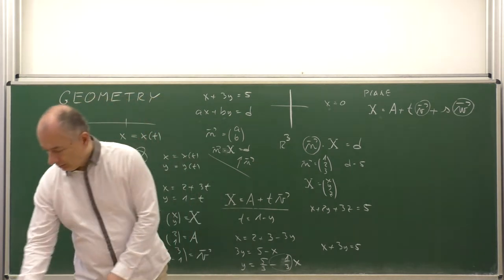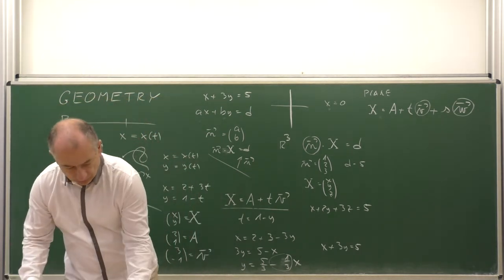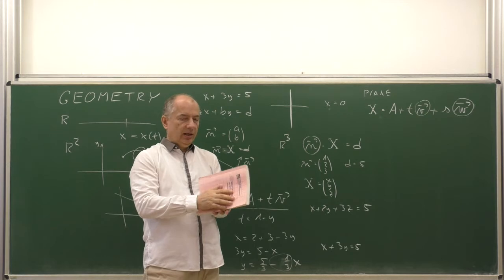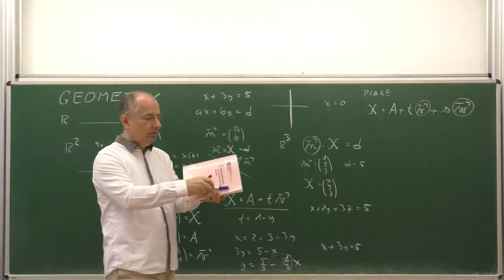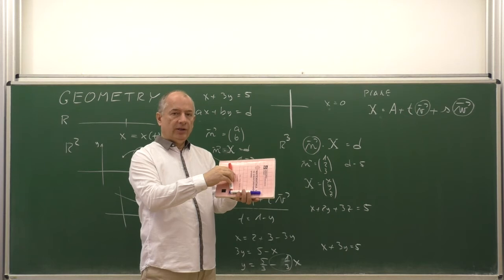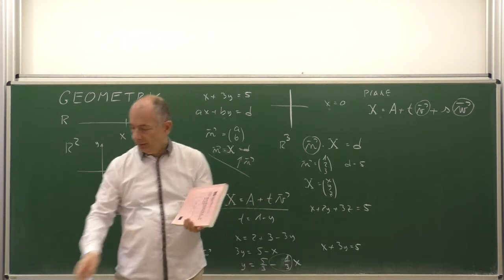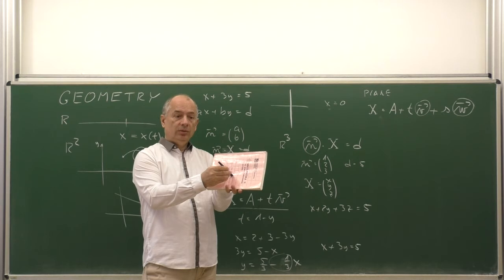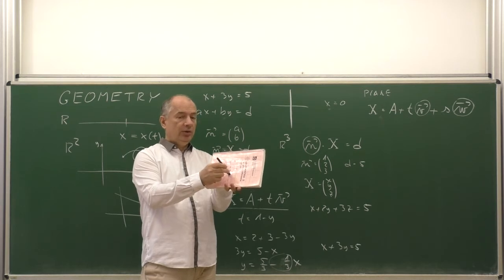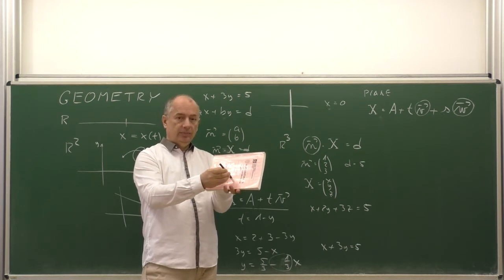If you consider a plane like that, and two directional vectors, then the normal vector is perpendicular to the plane, and so it is perpendicular to any vector in the plane.